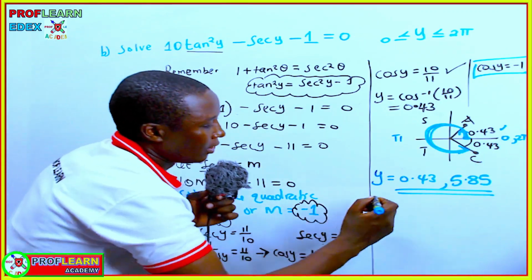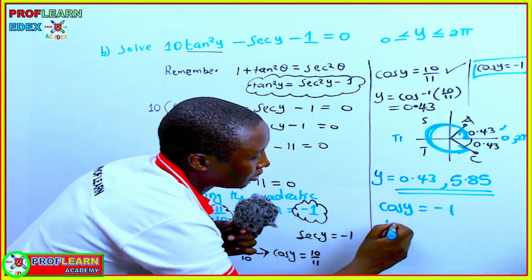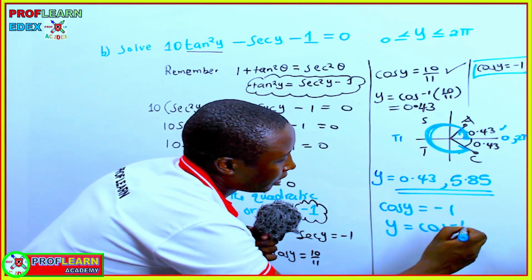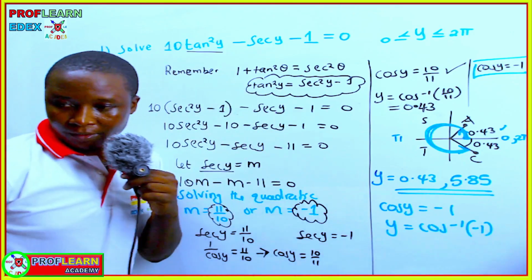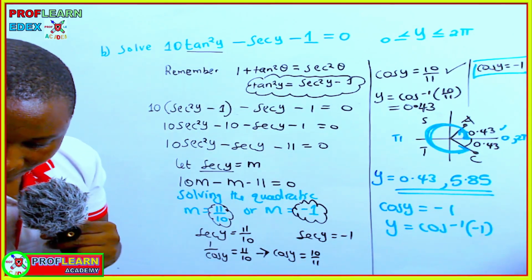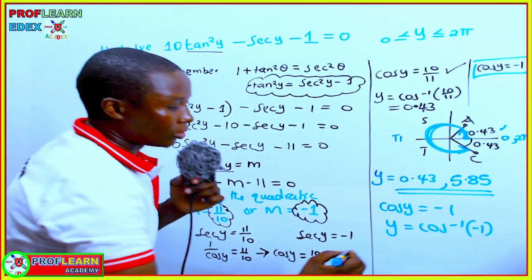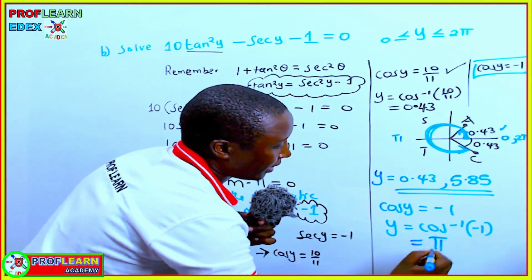Now, for the second part, cos y equals -1. So y is equal to cos inverse of -1. If we just work out that direct cos inverse of -1, you always have to confirm, that is actually pi radians.